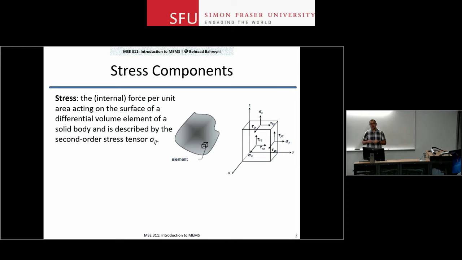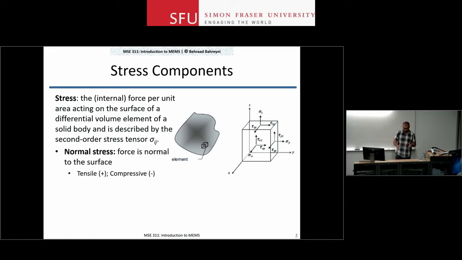Stress is the internal response of a material to external forces, right? So it is how a material responds to external forces. The unit of stress is pascals. It's the amount of force per unit area. You have two different types of stresses. Normal stresses are the ones that are produced in response to normal forces to the structure.